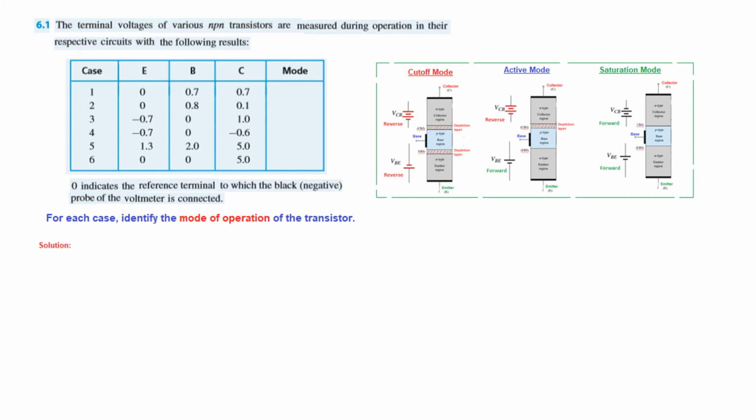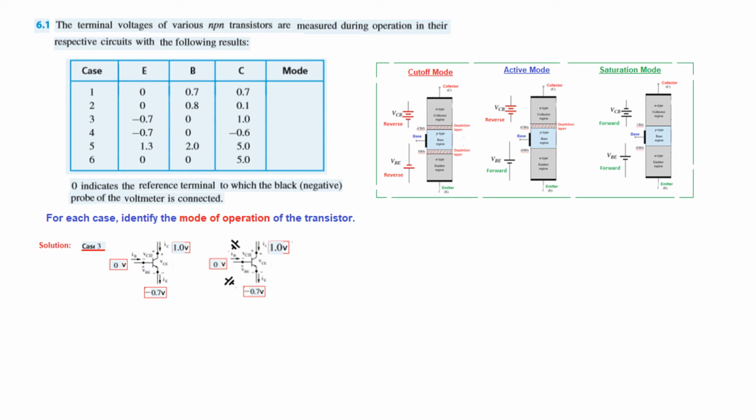Okay, now let's take case number 3. So we have minus 0.7, 0 and 1. So this is how it will look like: minus 0.7 at the emitter, 0 at the base, and 1 volt at the collector. And now let's connect our battery.